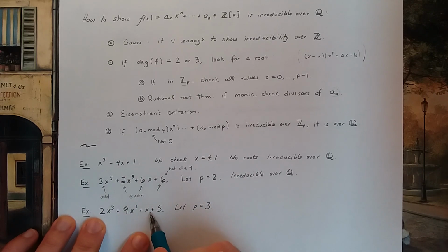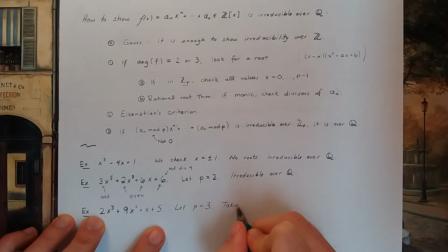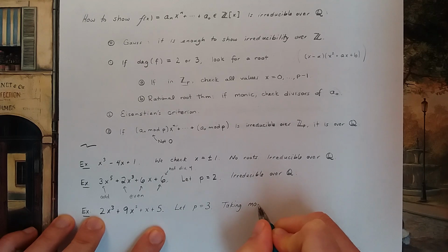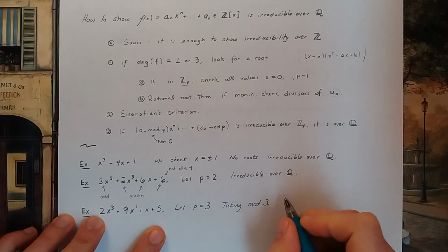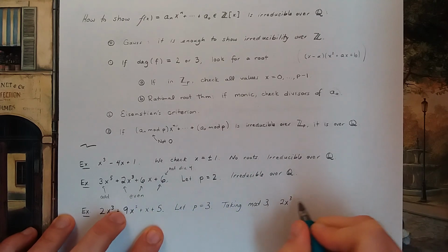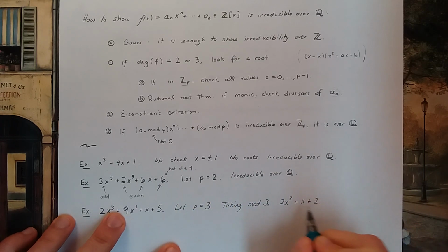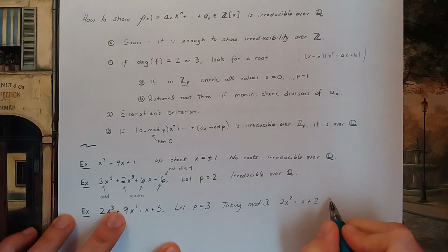All these coefficients evaluated mod 3 give, so taking mod 3, we get 2x cubed. This goes to 0, plus x, and then 5 mod 3 is 2. Here's my new polynomial, and I'm working in Z3.